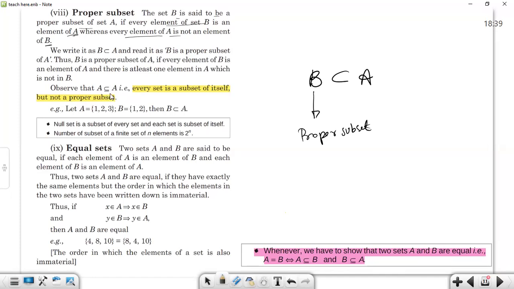Observe that A is a subset of A, that is, every set is a subset of itself, but not a proper subset. It's an important point to consider. Every set is a subset of itself, but not a proper subset.